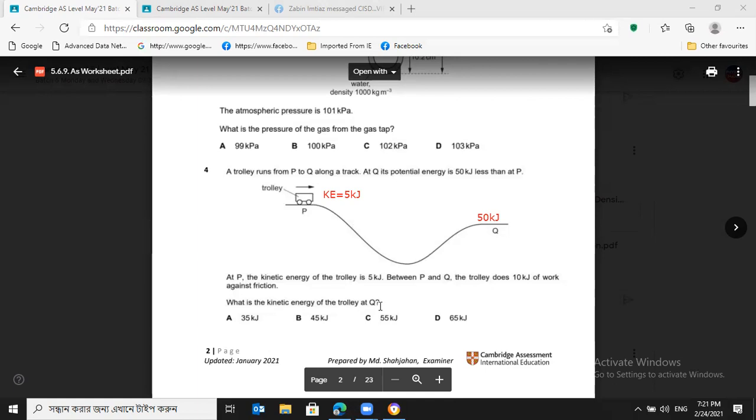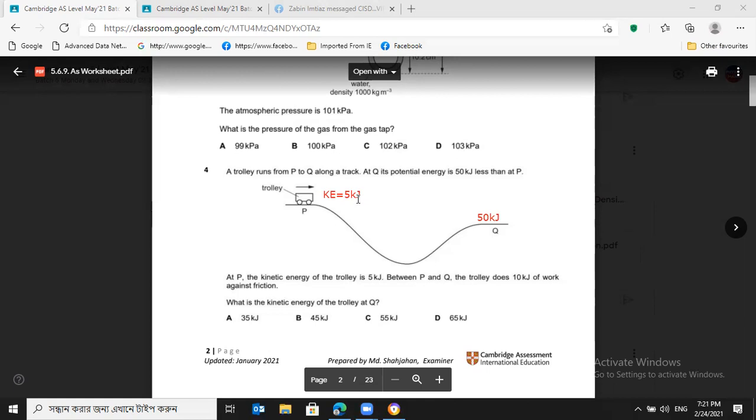So kinetic energy also is there. How much will be the kinetic energy? We have to find it out. Already we have some kinetic energy here, 5 kilojoules. So that one we have to think of, right?